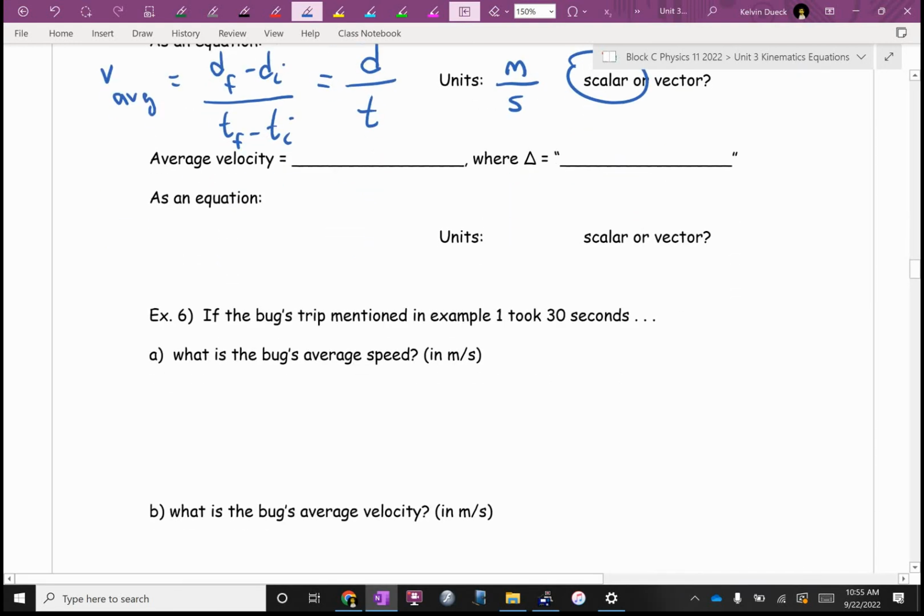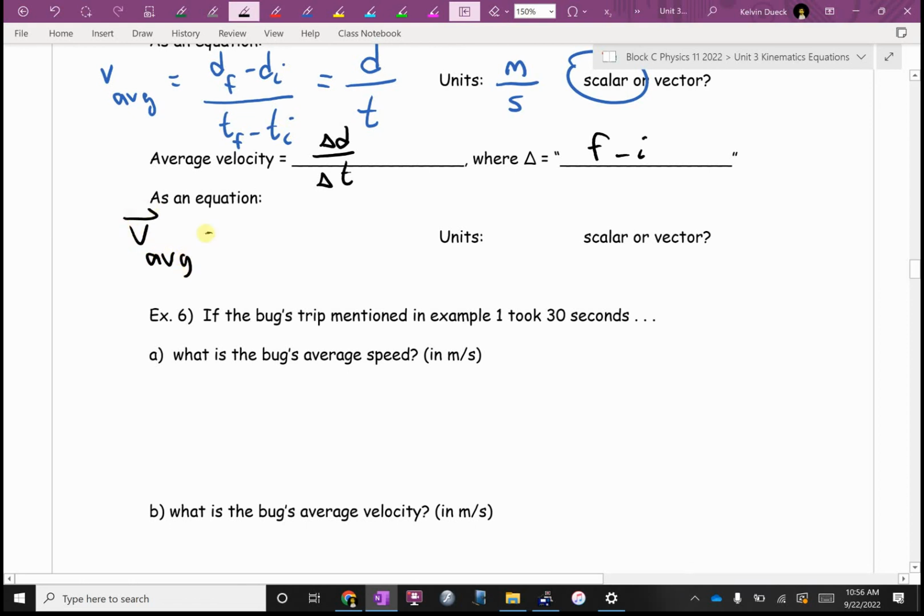Average velocity is going to look really similar to what we just said. It's going to be the change in displacement over the change in time, where change in anything is equal to what, Hollis? Final minus initial. And I could walk through exactly this same little dance, but I'm going to give you the punchline.